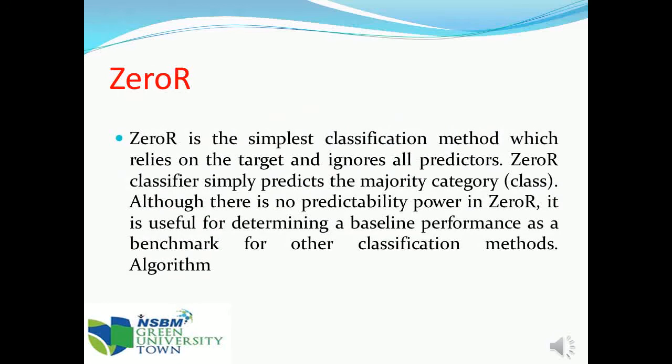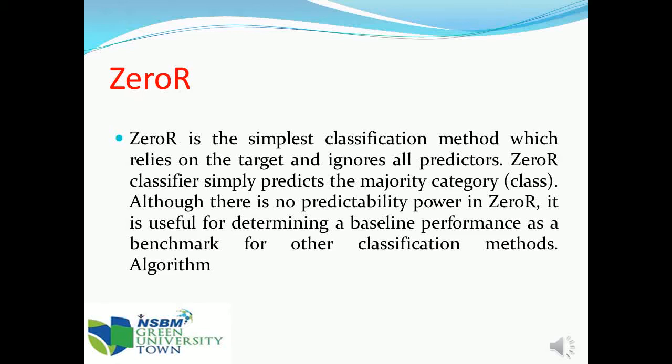Then I will explain what is 0R. 0R is the simplest classification method which relies on the target and ignores all predictors. The 0R classifier simply predicts the majority category.